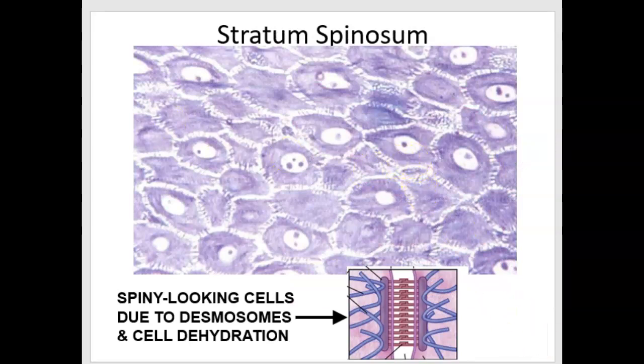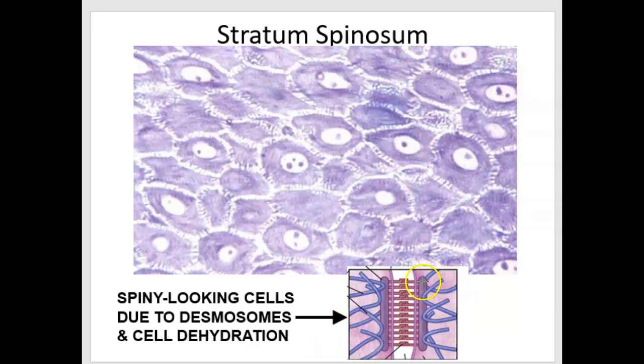Now, the stratum spinosum looks spiny, for which it's named spinosum, because when the skin is prepared to look at under the microscope, it's dehydrated. They dehydrate it and then they stain it. So when the cells are dehydrated, they shrink a little bit. But in this layer of the skin, the cells are joined together not just by tight junctions, but also by these strong desmosomes.